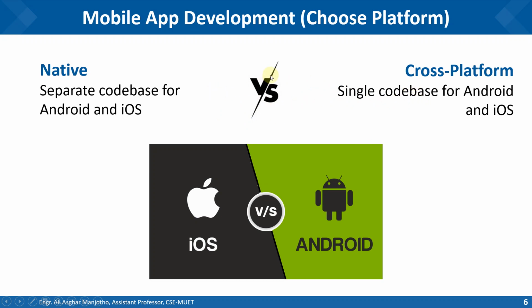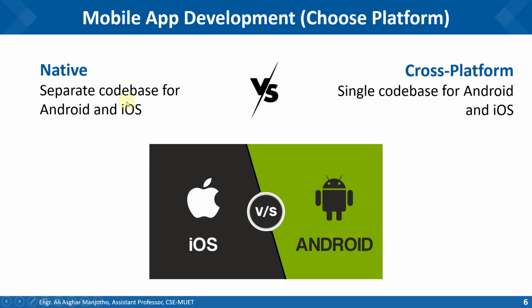Whenever your focus is the performance of the application, you should go for native. But whenever your focus is quicker, rapid development, or you want to target both operating systems, Android and iOS, but you have limited financial and human resources, then you should go for cross-platform applications.